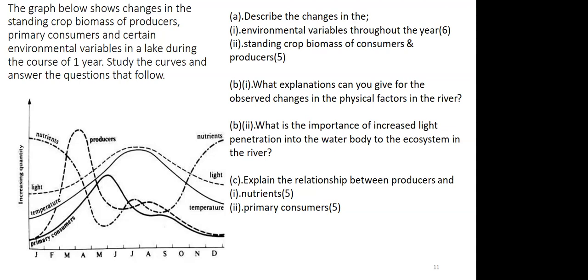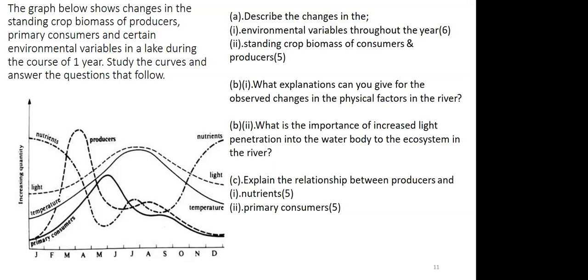Then from August to September, the standing biomass of consumers is almost constant. Then from September to December, the standing crop biomass of consumers decreases gradually. Then for the producers.